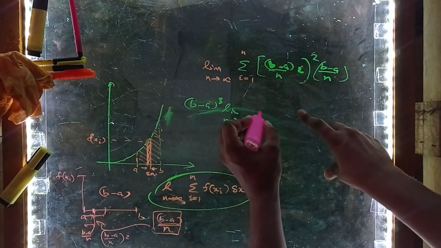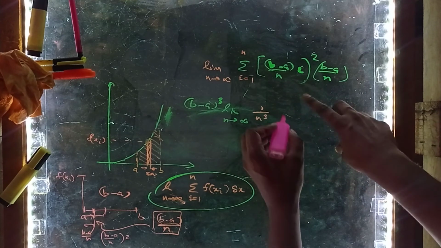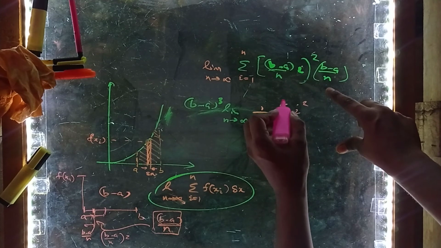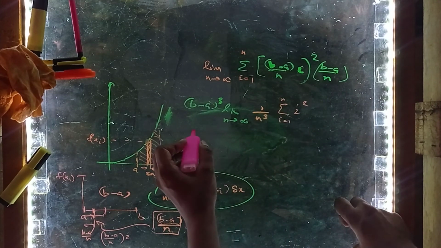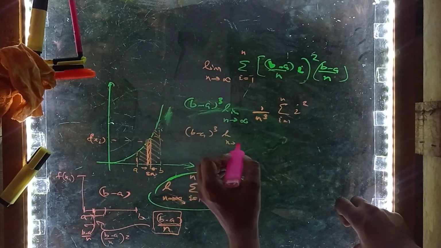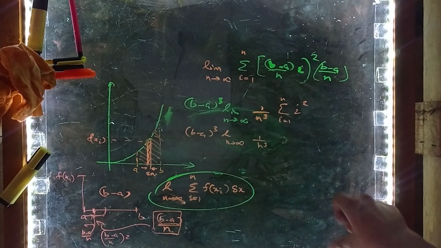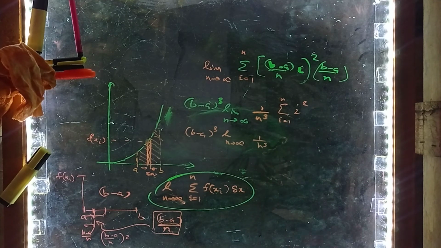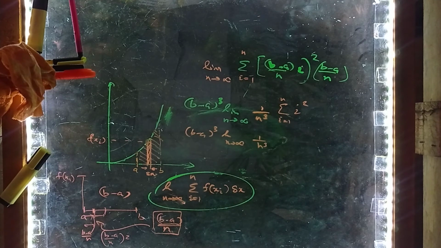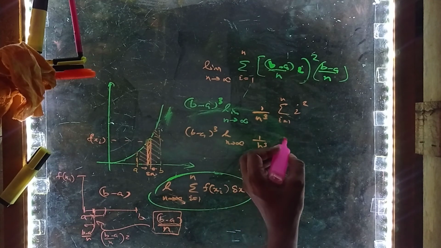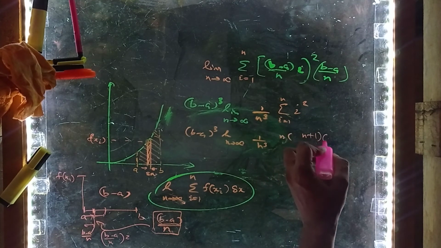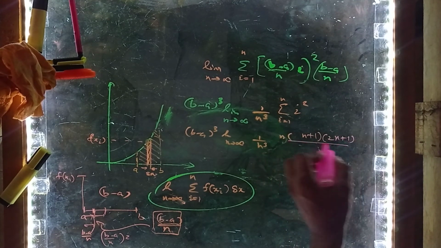Once simplified, it looks like b minus a cubed times the limit as n approaches infinity of 1 upon n cubed times the summation of i squared from the first to the nth. This is a well-known formula, so I'm not going to prove it again: n times n plus 1 times 2n plus 1 upon 6.